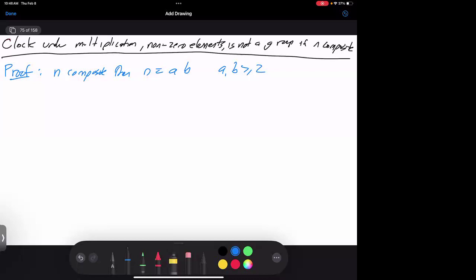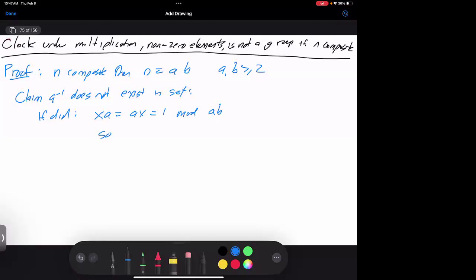So now, claim: A inverse does not exist. In fact, if it did, then x times A equals A times x equals 1 on a clock with AB hours.